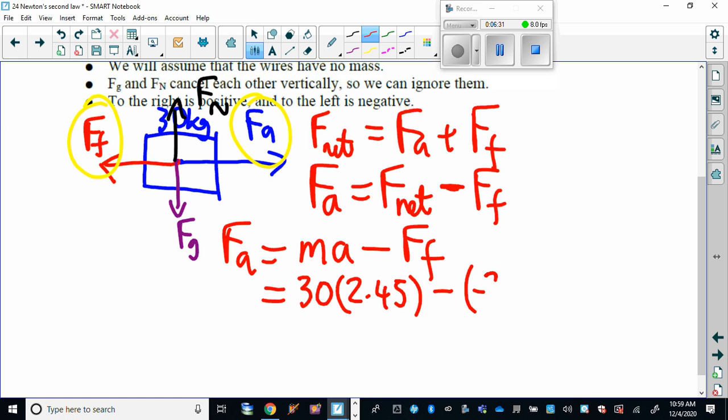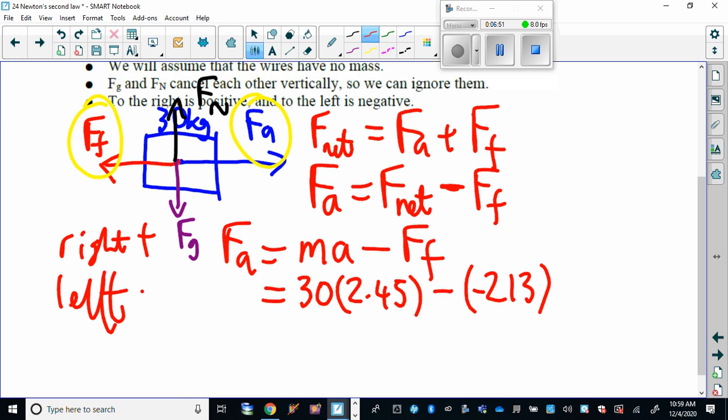Minus negative 213, because we already said that the box is accelerating to the right, and therefore to the right is going to be positive, and therefore any force to the left must be negative.